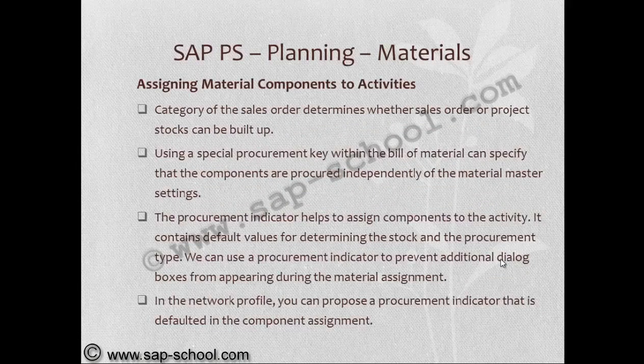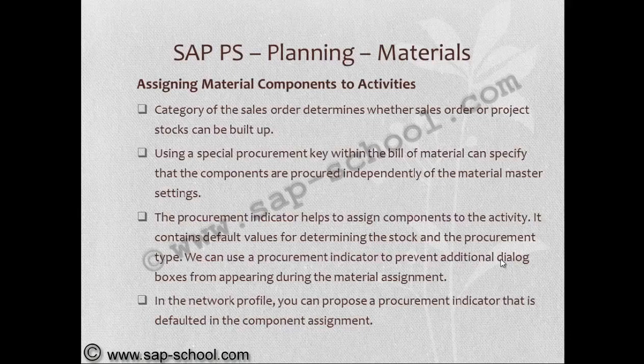Using a special procurement key within the bill of material, we can specify that the components are procured independently of the material master settings. The procurement indicator helps to assign components to the activity. It contains default values for determining the stock and procurement type. We can use the procurement indicator to prevent additional dialog boxes from appearing during the material assignment.